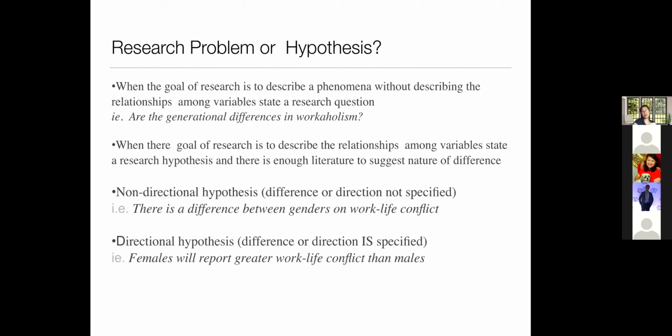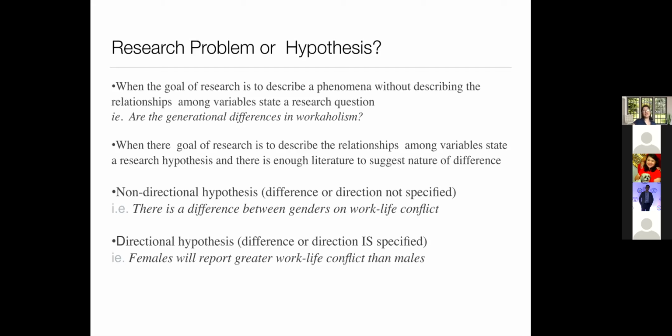So the basic question you need to ask yourself when deciding whether you're using a research problem or hypothesis is, first, is there any previous literature or evidence on this topic, on these differences that you're looking at? So when there's literature already, for example, that says, yes, women have experienced greater work-life conflict, then you can go straight into a hypothesis.